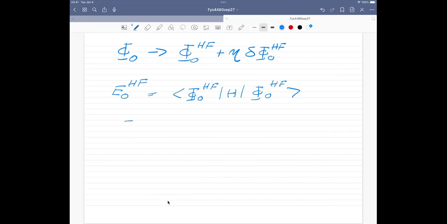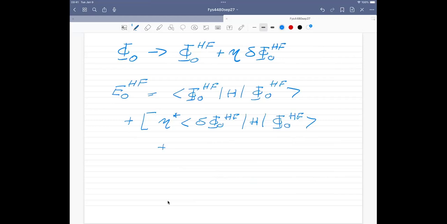And then I get a new term, which now contains linear terms in eta. So there's a complex conjugate term. And then I have a delta phi 0 Hartree-Fock of h of phi 0 Hartree-Fock. So this is a new Slater determinant we are actually including here.